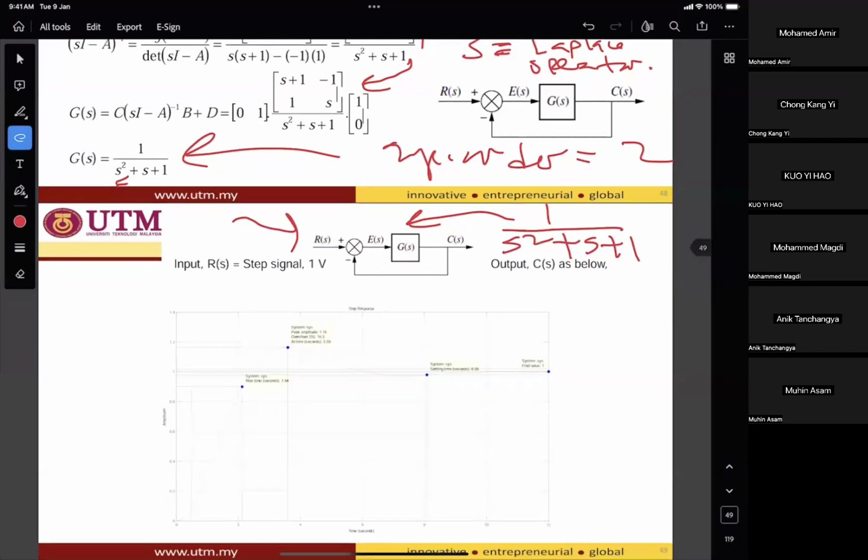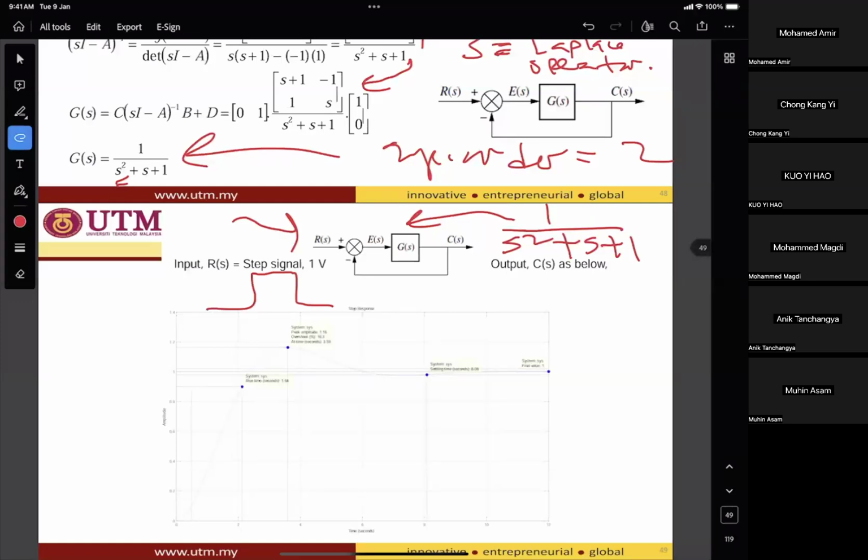Then we inject a step signal. Where do we get the step signal? From the function generator, a square wave.